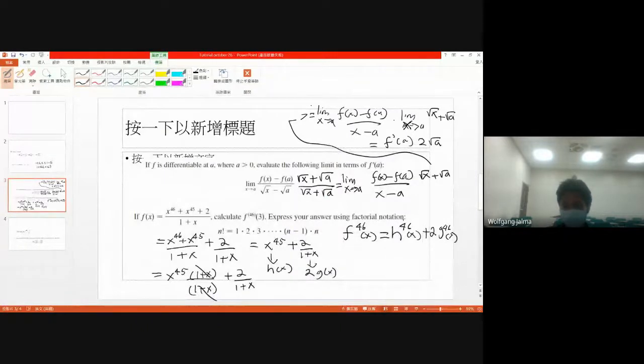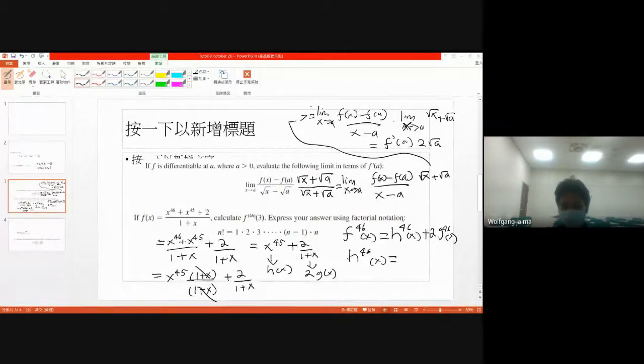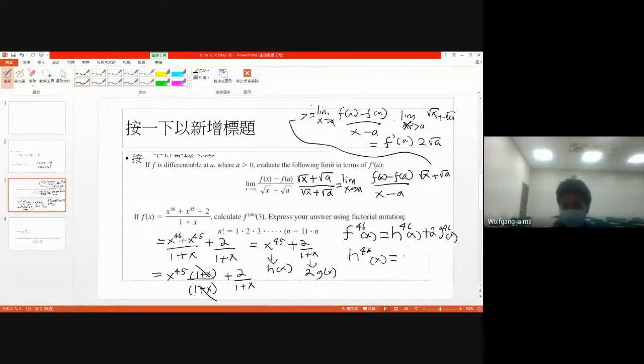Okay, so far so good, right? Now, what is the 46th derivative of h? Any answer? Well, that's the easy part, because this one will be equal to 0. h(x) is equal to x to the power of 45.